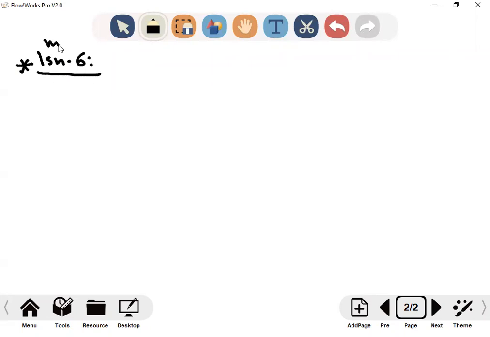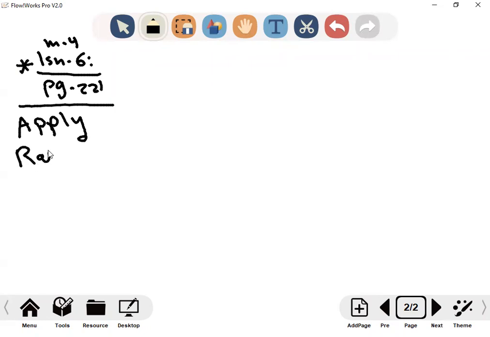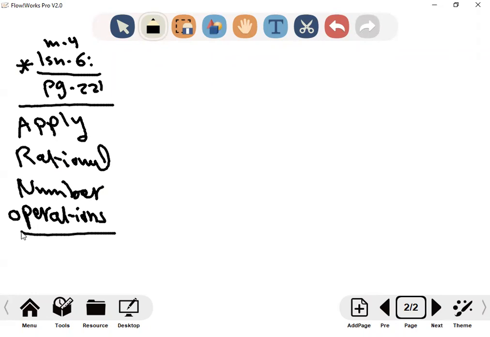We are on module 4, page 221. Apply rational number operations. We are on 4 October.